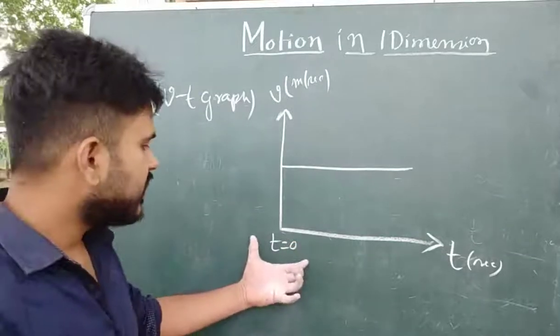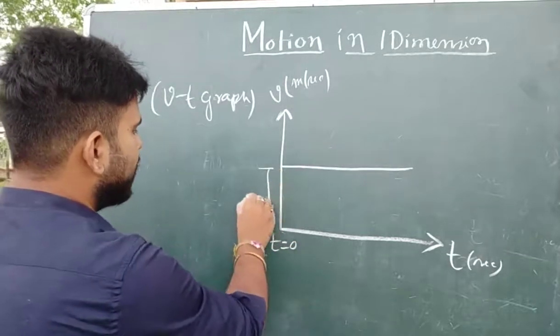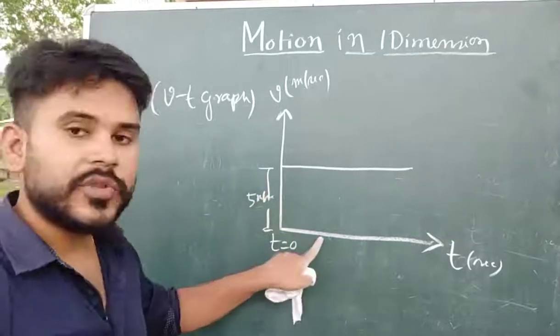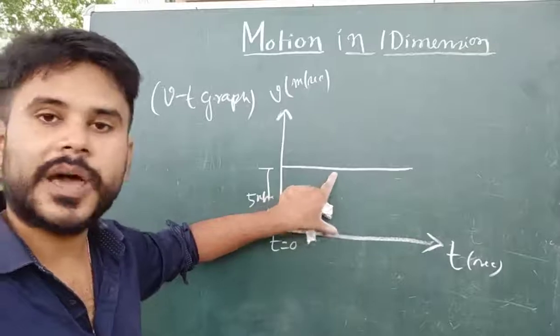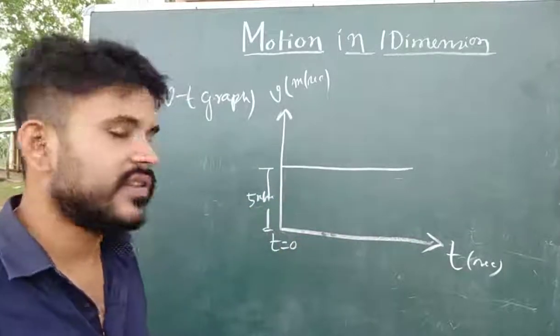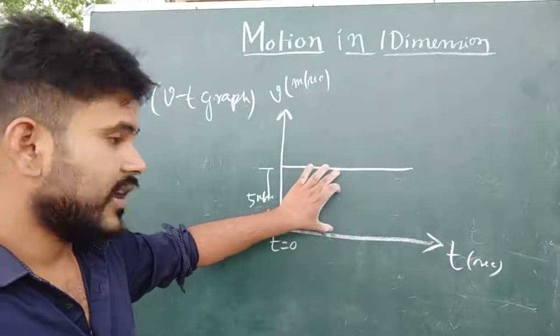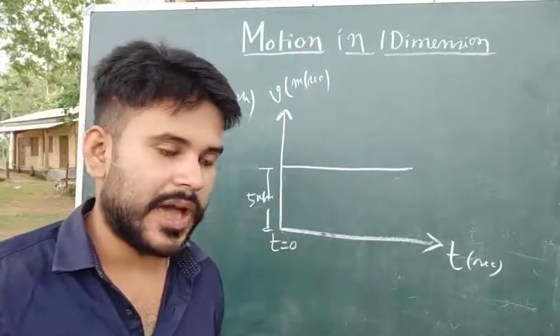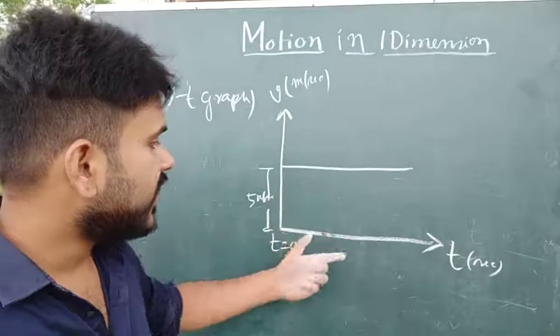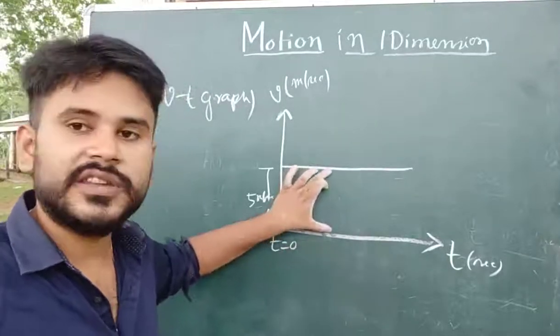You can see at t equal to 0, what is the velocity? 5 meter per second. At time t equal to 1 second, what will be the velocity? 5 meter per second. At time t equal to 3, what is the velocity? 5 meter per second. Same. So we can say that my bike is in motion with a uniform velocity because at every instant of time the velocity is the same.